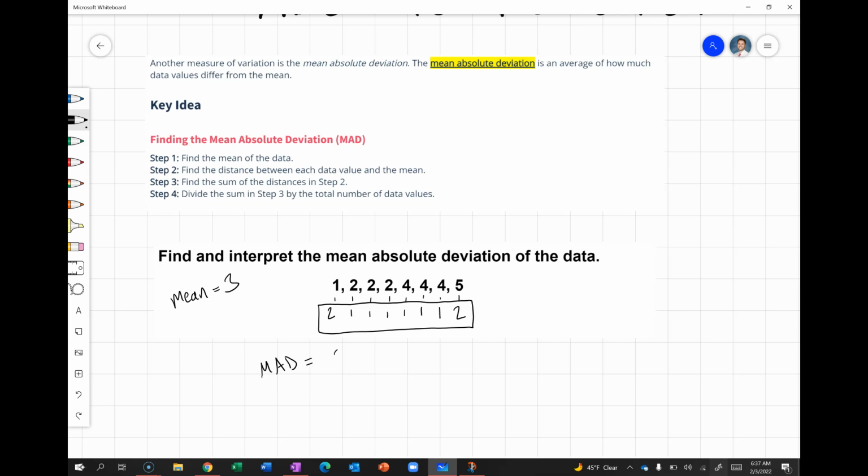by finding this mean. So we have 2 plus 1 plus 1 plus 1 plus 1 plus 1 plus 1 plus 2. It's going to give us 3, 4, 5, 6, 7, 8, 10. And that's all divided by 8.